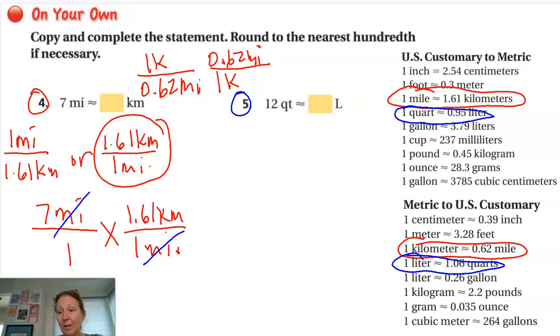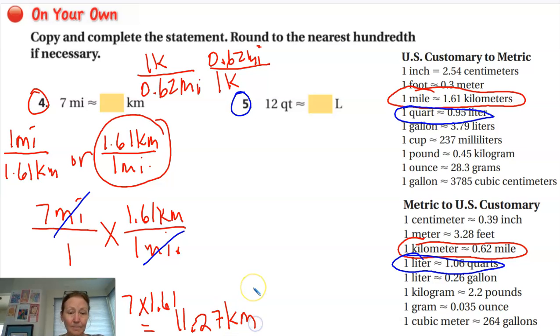When I multiply across, I get 7 times 1.61. And so my answer, and again, these are approximately, see the little approximate symbols, it's not going to be exact. That equals 11.27 kilometers.